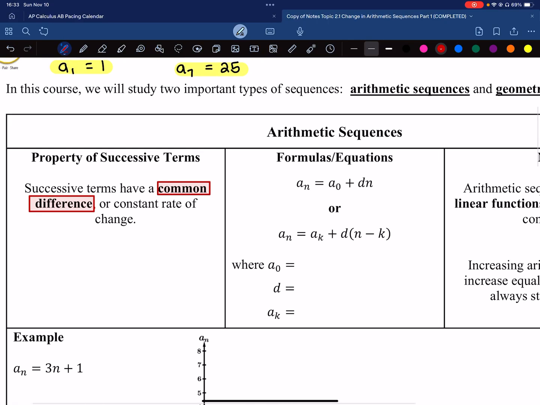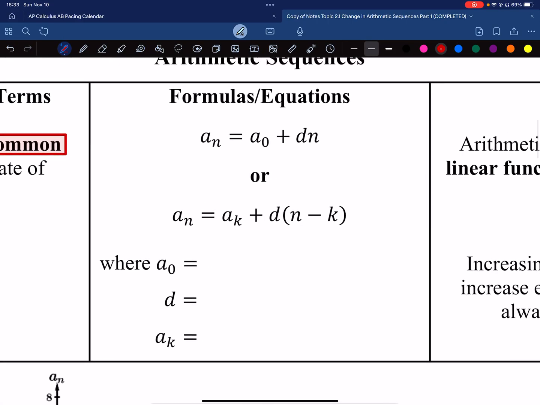So with arithmetic sequences, we have a couple different formulas. We have this first formula right here, where it's a sub n equals a sub 0 plus d times n. This is used when you know the zero term and you know the common difference, and n is just your variable.